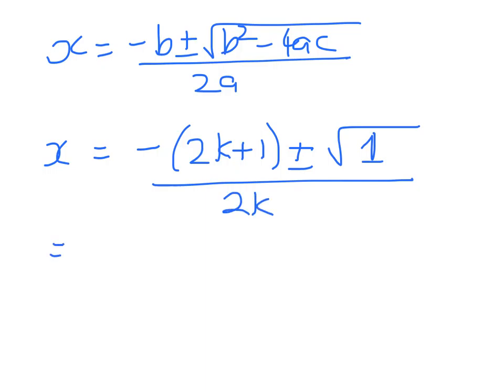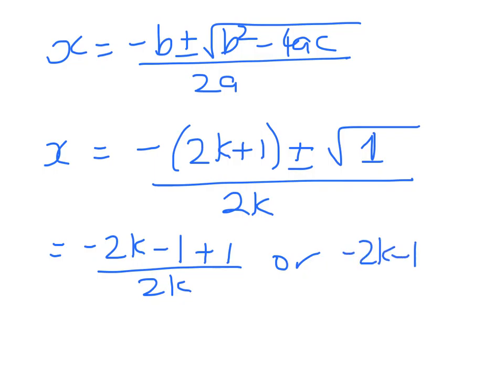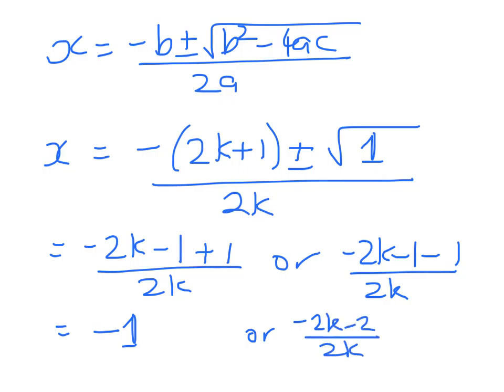So that equals negative 2k minus 1 plus 1 over 2k, or negative 2k minus 1 minus 1 over 2k. This works out to be negative 1, and this works out to be, let's see, negative 2k minus 2 over 2k. We can divide through by 2, so negative k minus 1 over k.